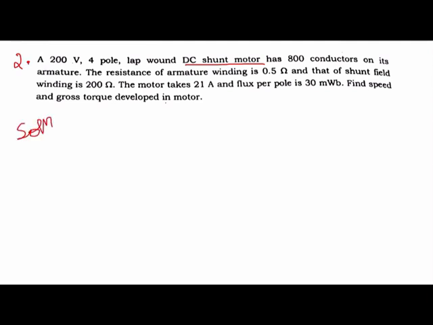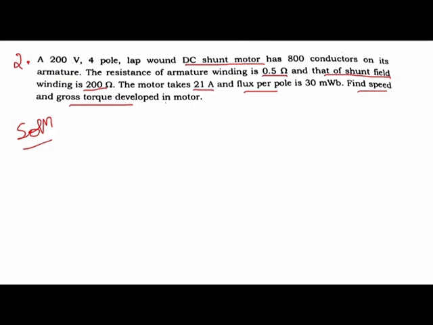A 200 volts 4-pole lap wound DC shunt motor has 800 conductors on its armature. The resistance of armature winding is 0.5 ohms and that of shunt field winding is 200 ohms. The motor takes 21 amps and flux per pole is 30 milliwebers. Find speed and gross torque developed in the motor.